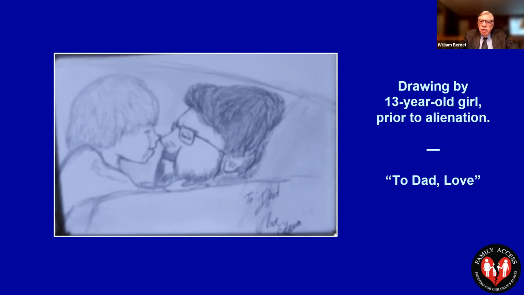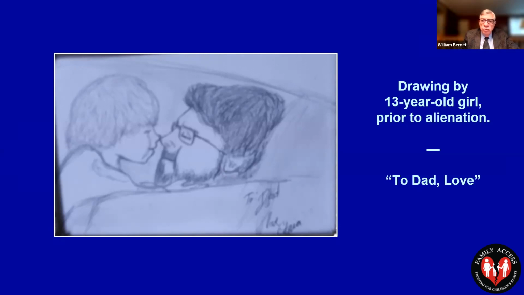And it says on it, if you can try to read it, it says, "To dad, love." That little scribble there says love, and then there's a comma, and then the child, I think, put her name at kind of as a signature. So this is kind of sweet. I would interpret this as being a well done little picture, and it obviously conveys a time when the two of them were doing fine.